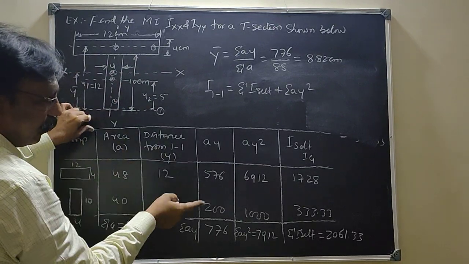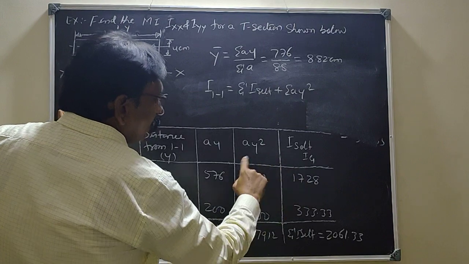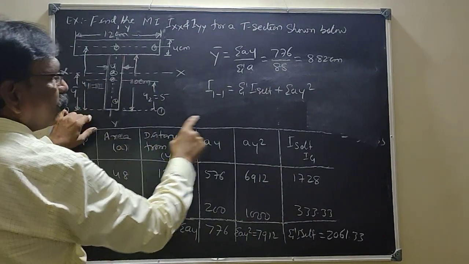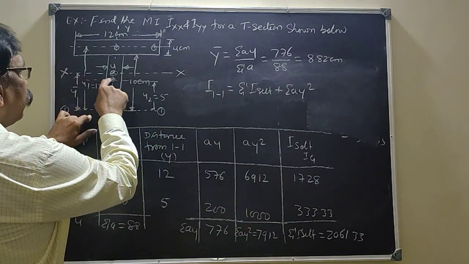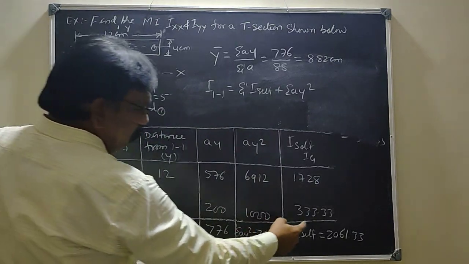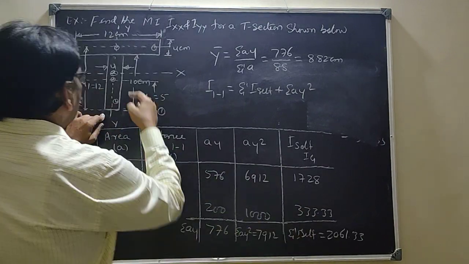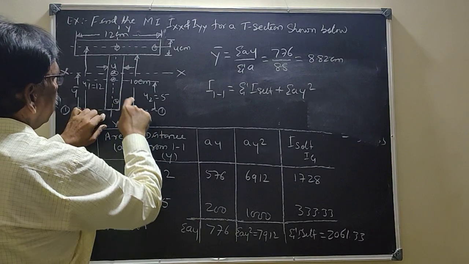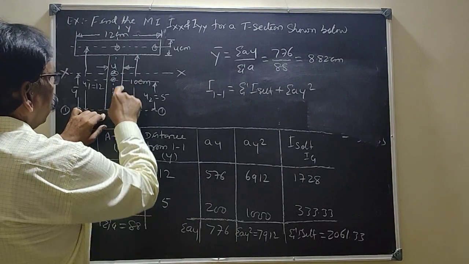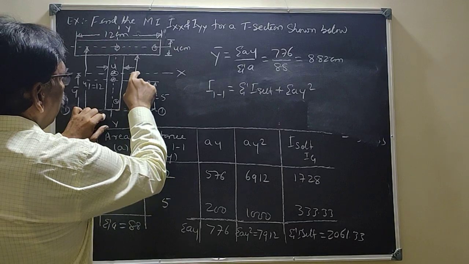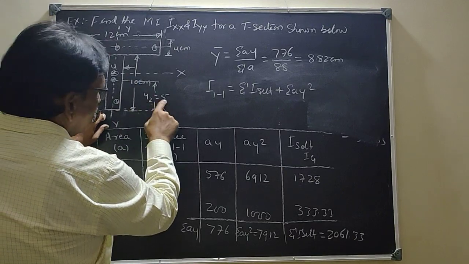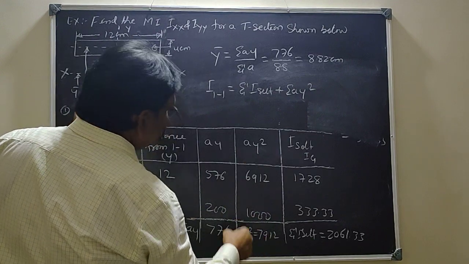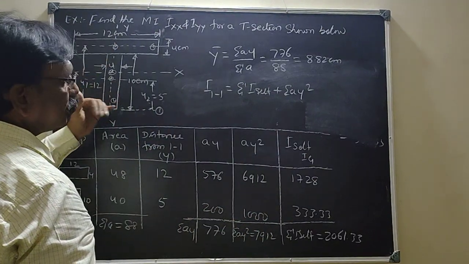That is the transformation. Next, the I self of this one is already calculated, and then transferring the moment of inertia about this axis is again ay square. So a is the area of this one and y square is y2 square. So the summation of this will be just the transformation of this.